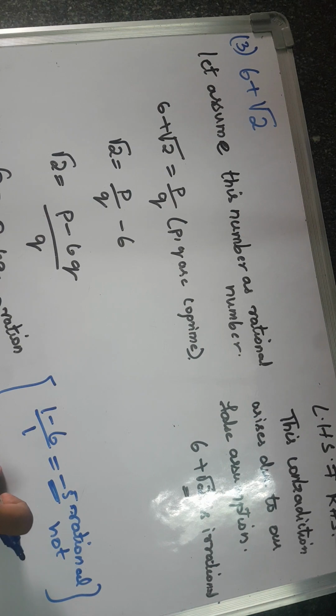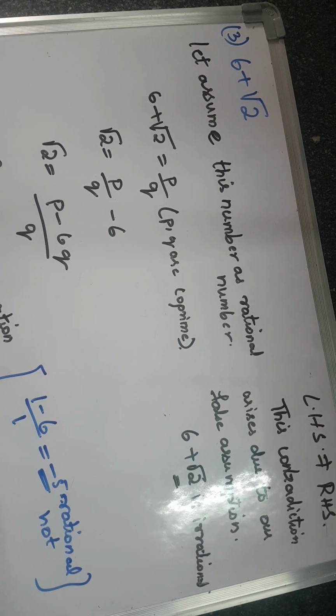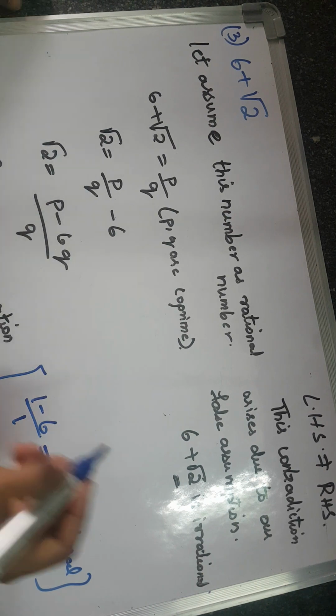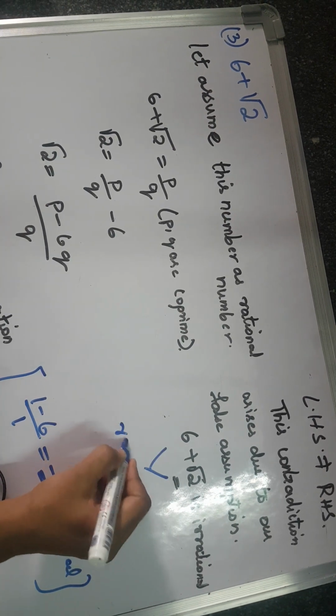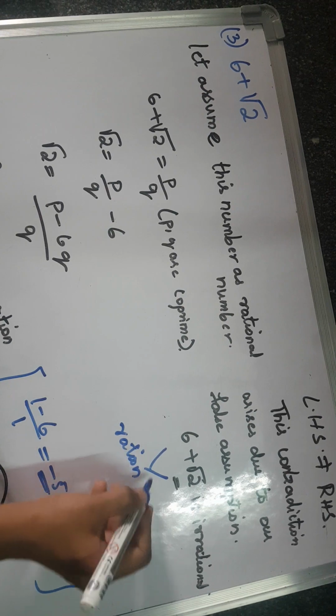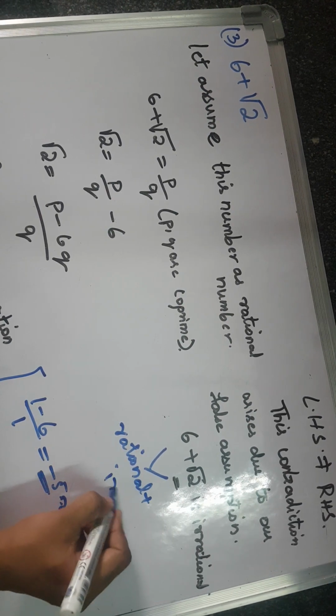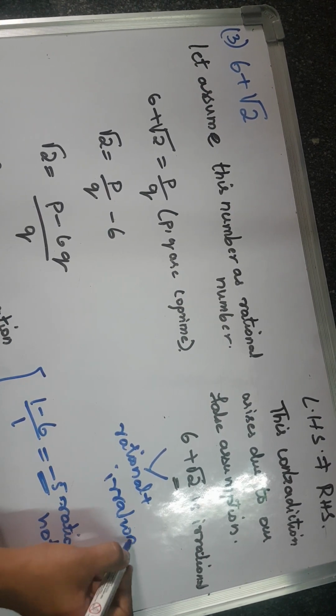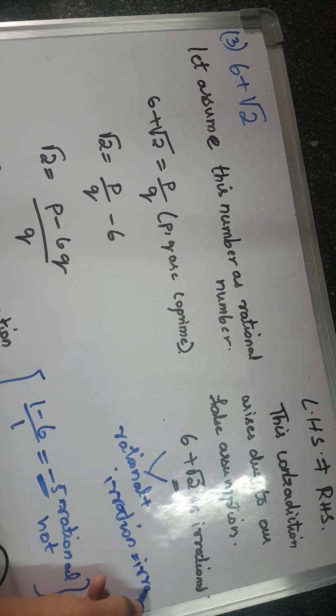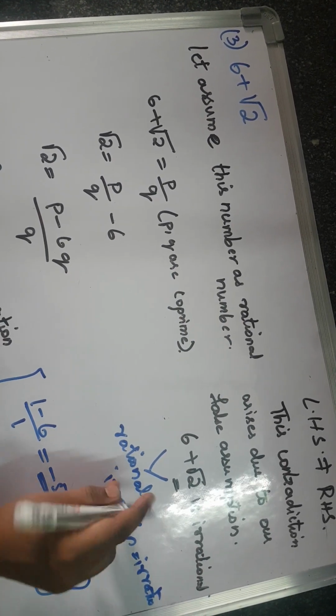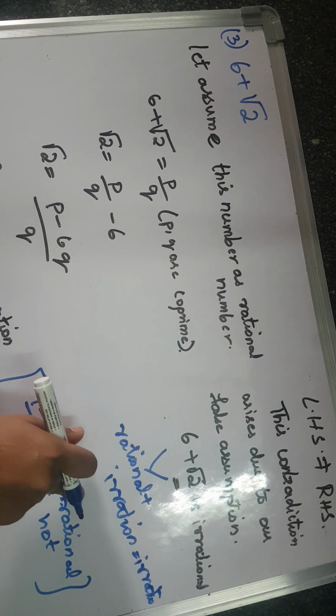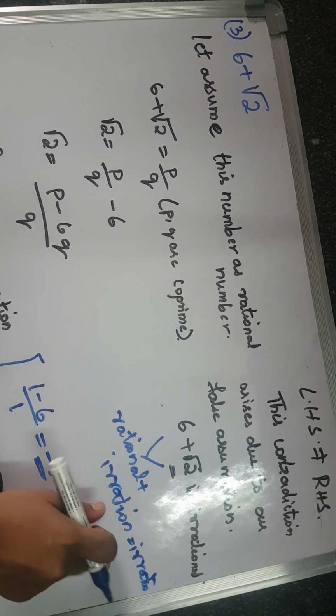That's why this is an irrational number. So what we have proved is that the addition of a rational number plus an irrational number will be an irrational number only.